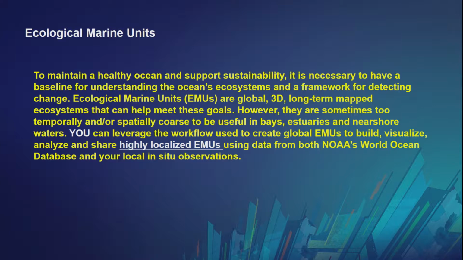However, they are sometimes too temporally or spatially coarse to be used in bays, estuaries, or nearshore waters. So you can leverage the workflow used to create global EMUs to build, visualize, analyze, and share highly localized EMUs using data from both NOAA's World Ocean Database and your local in situ observations.